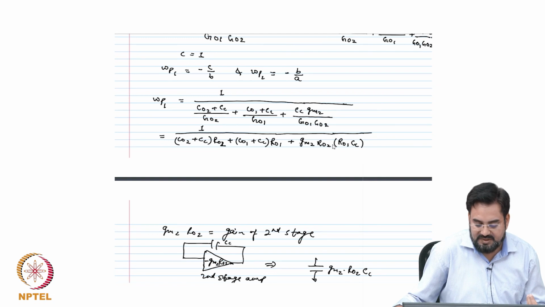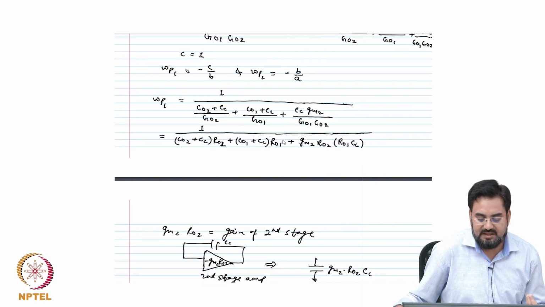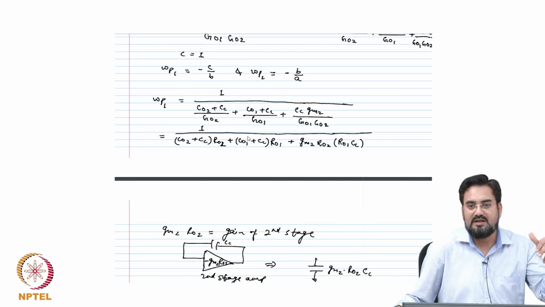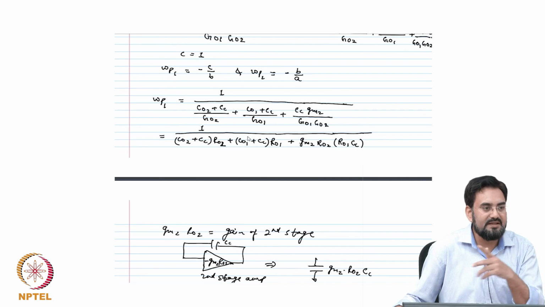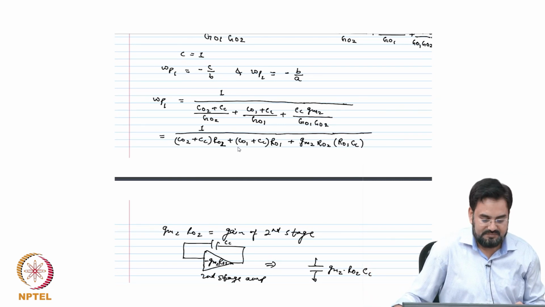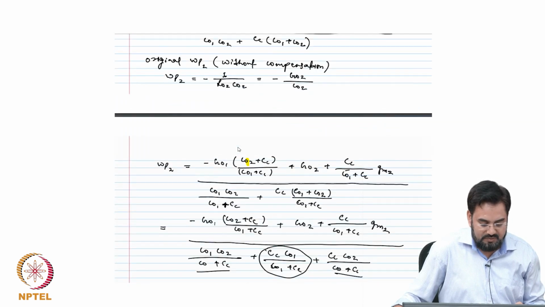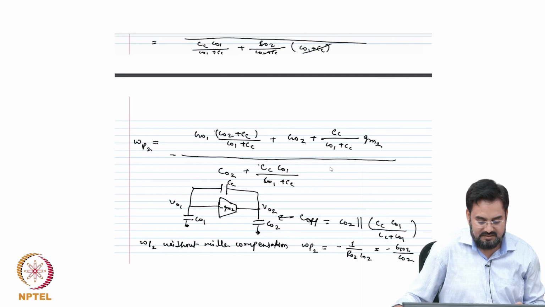Now, C c is multiplied by your gain, and that is what the effective pole becomes, and these two terms are much smaller compared to this because it is multiplied by gain. So, ignore this. So, your pole location will be 1 over R out multiplied by C c multiplied by the gain of your second stage, and omega p 2 comes from this.